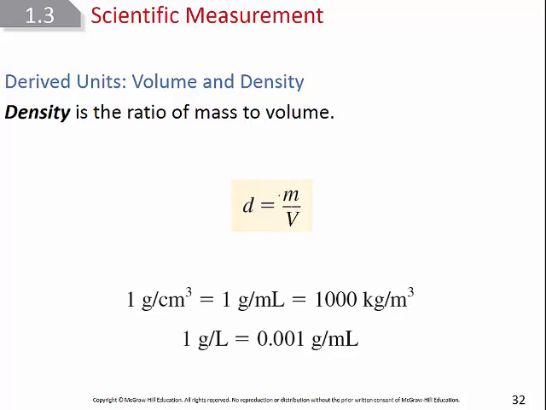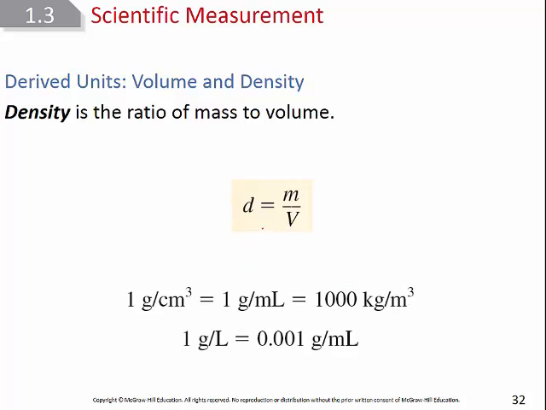So for the density formula, we can use units of grams for the mass and milliliters for the volume. This is typically the unit you'll see when we're dealing with liquids: grams per milliliter. It is the same as a gram per centimeter cubed, since earlier we said centimeters cubed and milliliters are the same. This is the unit we typically use with solids, since solids are typically measured using their length, width, and height.